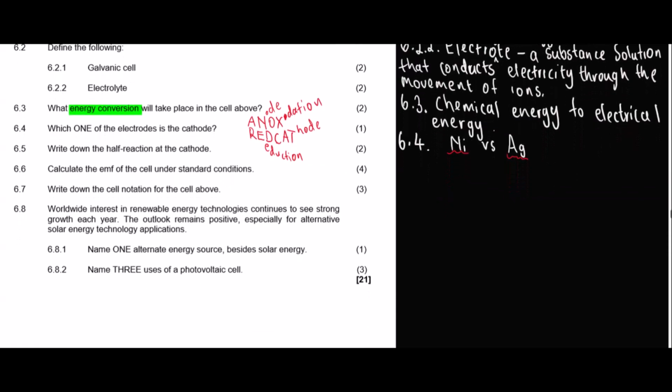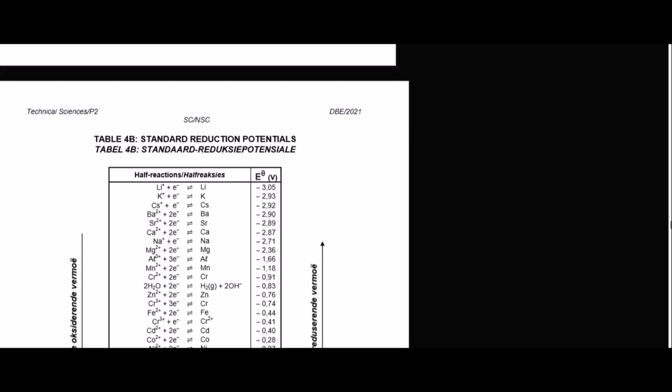Now, which one here? We don't have to guess this; we are going to make use of the 4B table. It's Ni versus Ag, which is silver. We use the table that starts with lithium in it, and we just go down in this table. Which one do we see first between Ag and nickel? We still don't see anything there, but if we continue going down, we should see something.